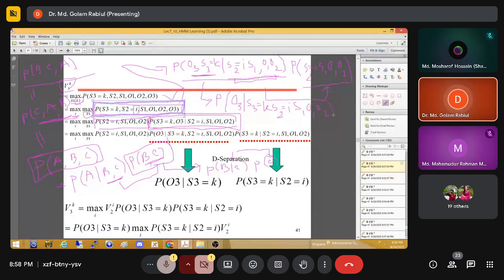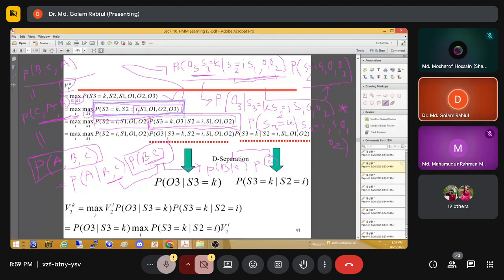And another one we can rewrite as times, that means this one times multiplication of probability of S3 equal K given S2 equal I, then S1, then observation 1 and observation 2.